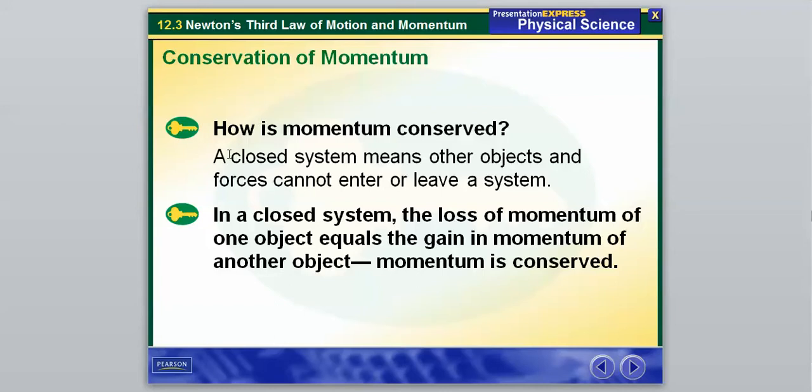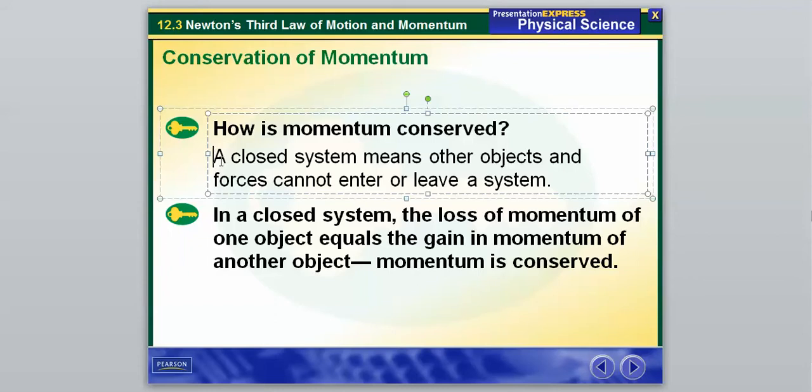But first, before we talk about momentum being conserved, you're going to hear the term a closed system. A closed system means that other objects and forces cannot enter or leave a system. Another way to say it is that it's almost inside a vacuum, where no outside forces can act on anything going on inside our specific example, and no force is ever going to leave our example.